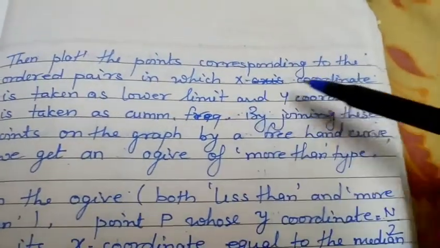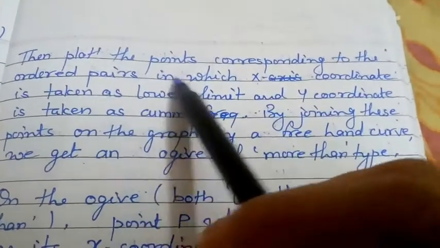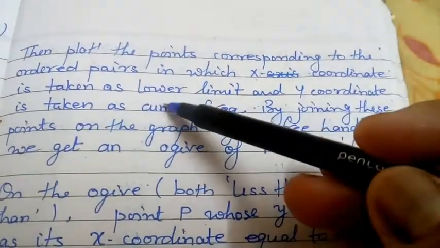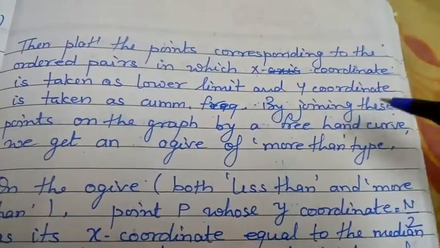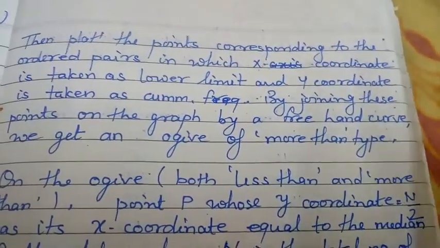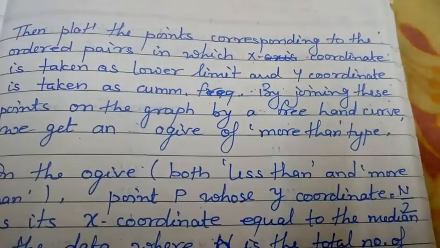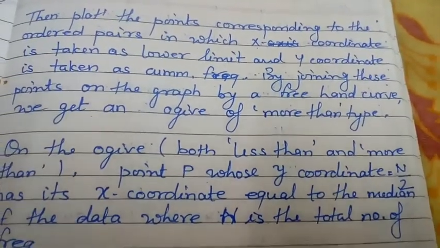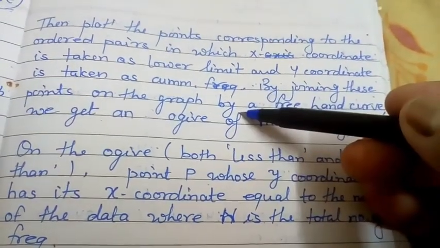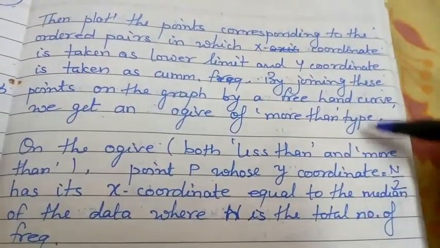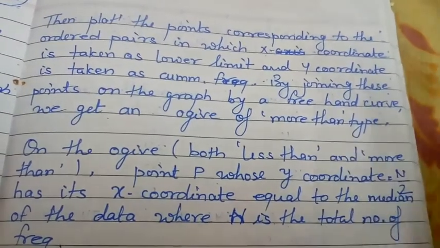Then plot the points, with the x coordinate as the lower limit and the y coordinate as the cumulative frequency. By joining these points by free hand, we get a more than type ogive. Then we plot n by 2 on the y-axis and meet that point on the x-axis, which is the median.